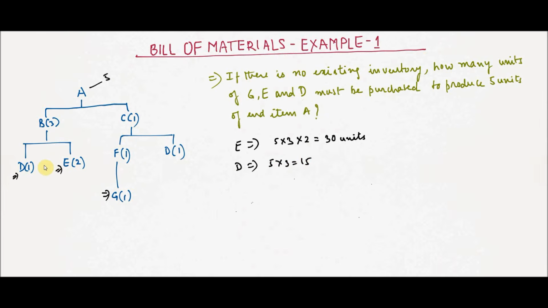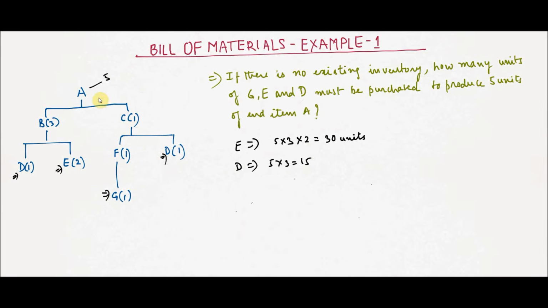However, D is also required to assemble or manufacture C. So when you're ordering D from the supplier, you have to ensure that you are catering to all the requirements of D required to manufacture A.